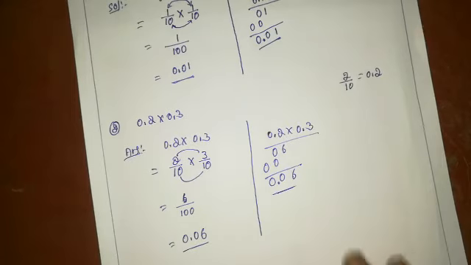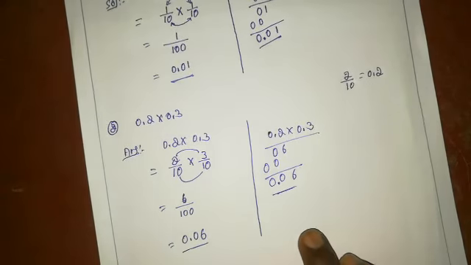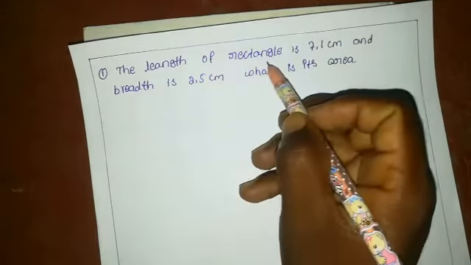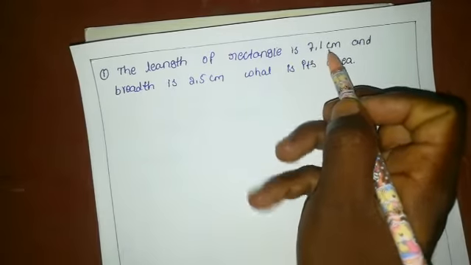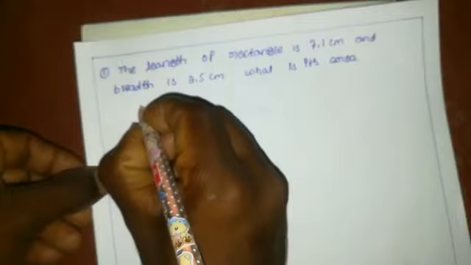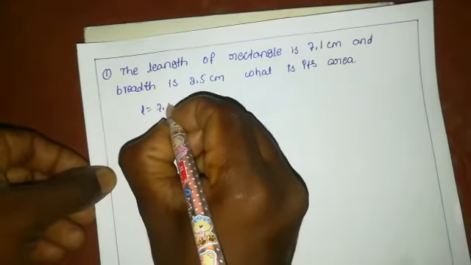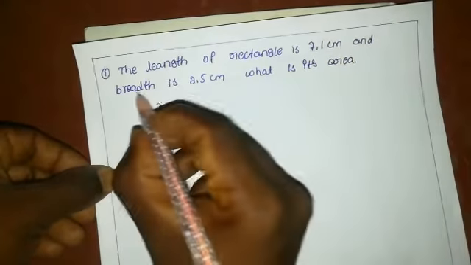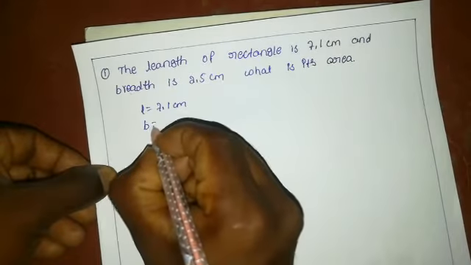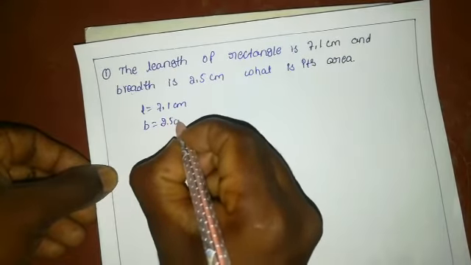Thus we multiply two decimals, a decimal by a decimal. Let's see one more example. The length of a rectangle is 7.1 centimeter and the breadth is 2.5 centimeter.